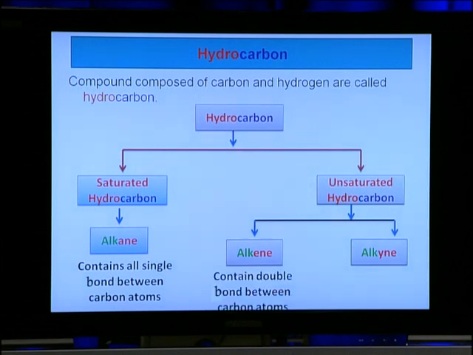Alkene is also a kind of hydrocarbon, grouped as an unsaturated hydrocarbon, which contains a double bond between two carbon atoms. And finally, alkyne is an unsaturated hydrocarbon which contains a triple bond between two carbon atoms.